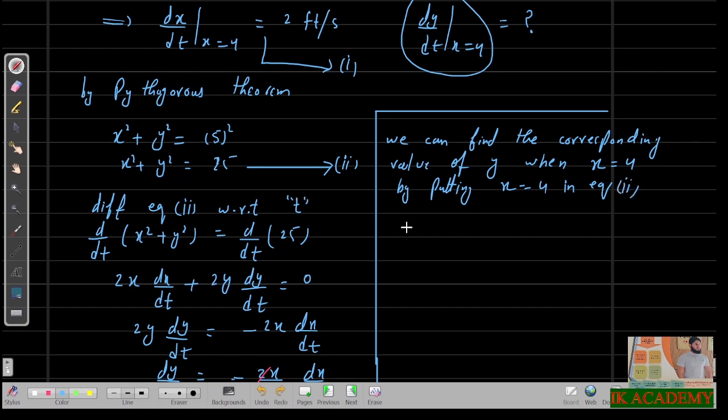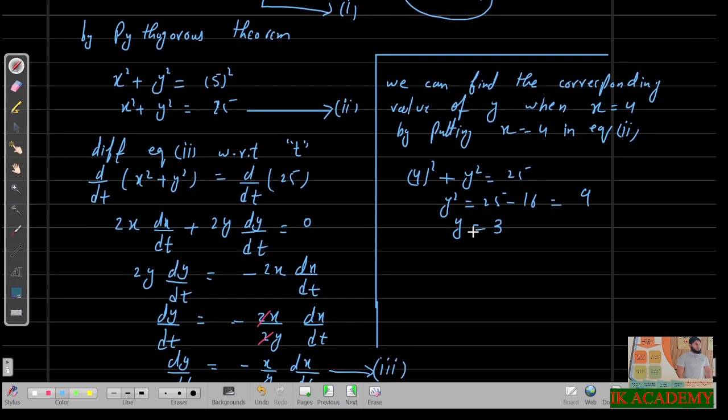Put x equal to 4 here, so it will be 4 square plus y square is equal to 25. 4 square is equal to 16. Let me take 16 to the right side of the equation. So 25 minus 16 is equal to 9. Taking square root on both sides, we will get y is equal to 3.